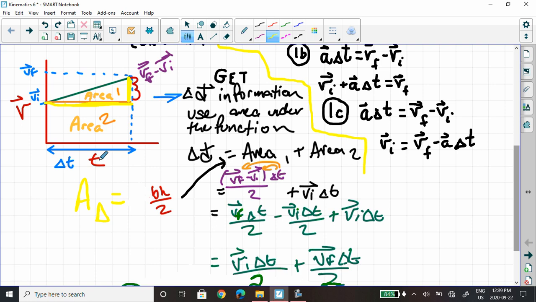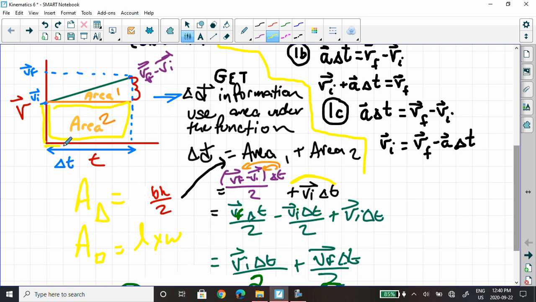Next, I want to find the area now of the rectangle here. Well, that's easy. The area of a rectangle is just length times width. Now I'm going to use that equation right in here for area 2. What is the length? The length goes from here all the way to VI. What is the width?